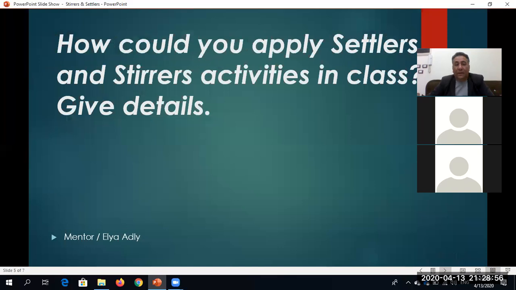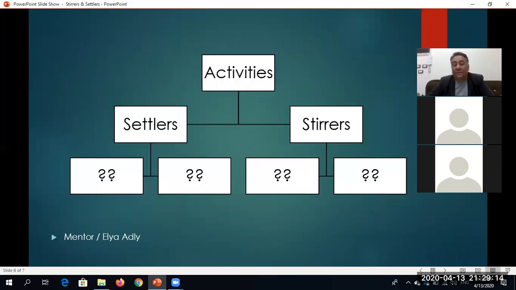Yes. How could you apply settlers and stirrers activities in the class? Give some details. But before we answer this question, I can jump to this diagram categorizing the activities into stirrers and settlers. Could you put two examples for stirrers and two examples for settlers?